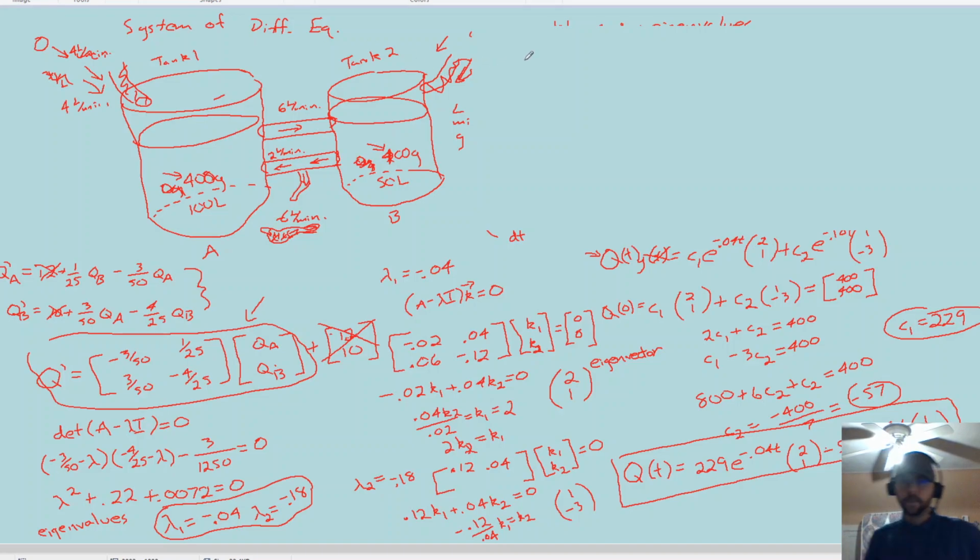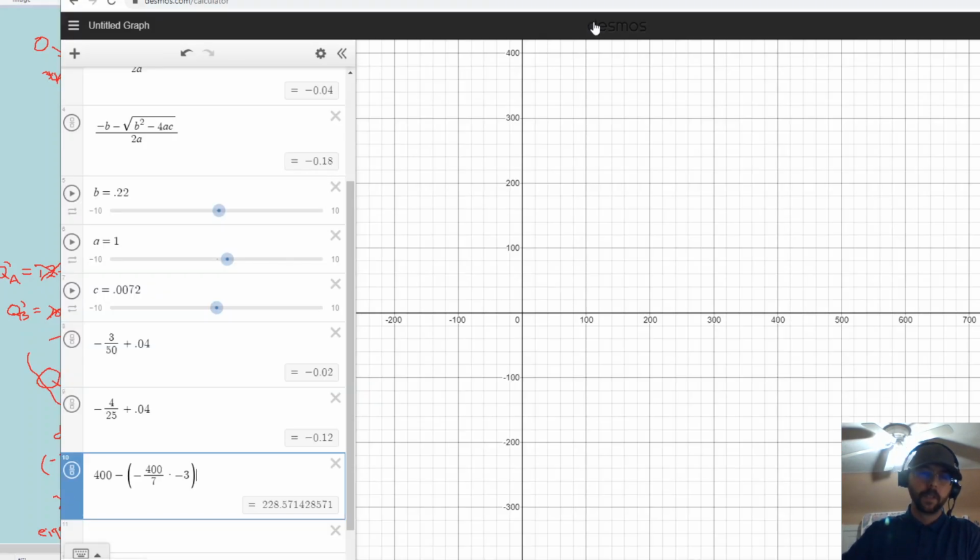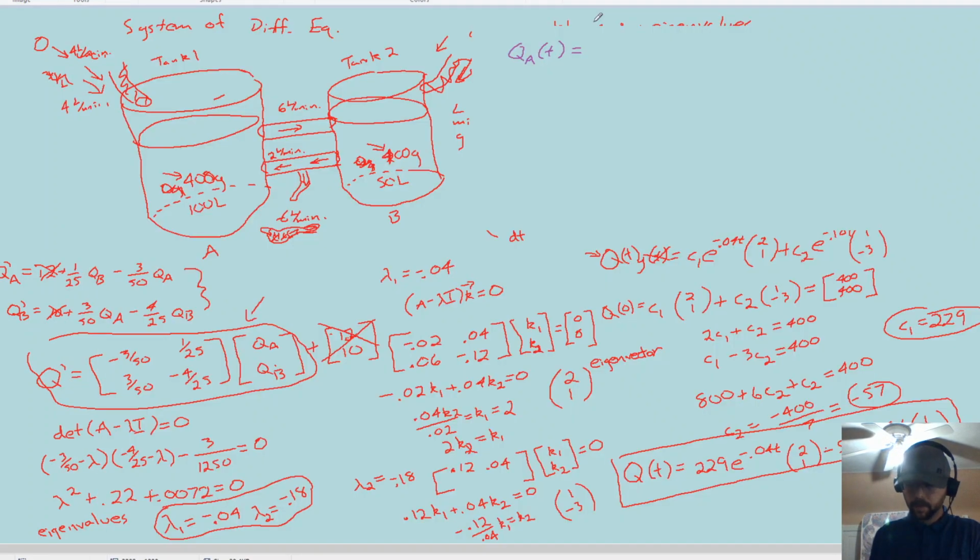So the way I wrote it below is a solution, but it is also appropriate to write it as Q of A with respect to time, some function of the quantity of salt changing over time, equals 229 times 2, which is 458 e to the negative 0.04t.